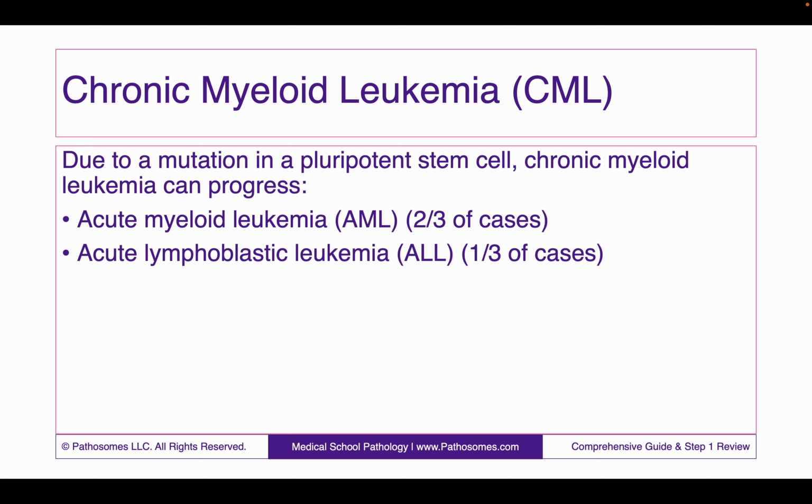Due to a mutation in a pluripotent stem cell, chronic myeloid leukemia can progress into acute myeloid leukemia or acute lymphoblastic leukemia. For the most part, if it does transform, it's more likely to be acute myeloid leukemia 2 out of 3 times. Otherwise, it's acute lymphoblastic leukemia.